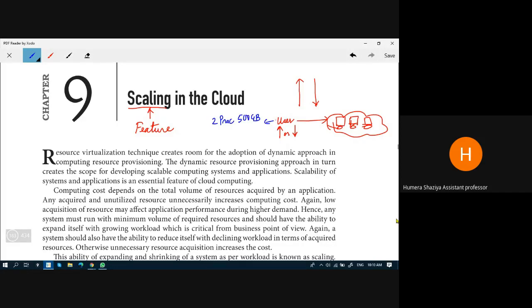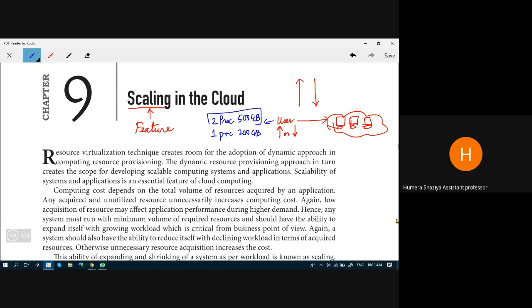Today the user has obtained these resources, and after a few days, consider after 10 days, the user feels that the user needs only one processor or 200 GB memory.